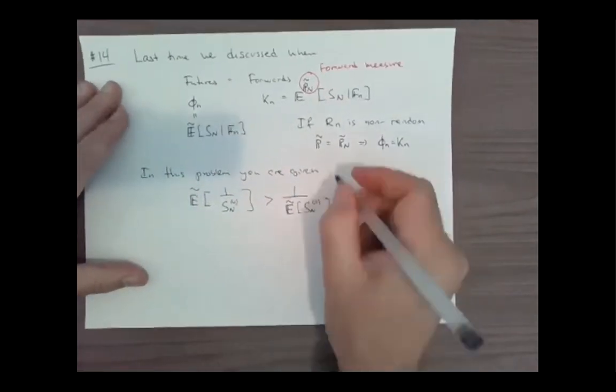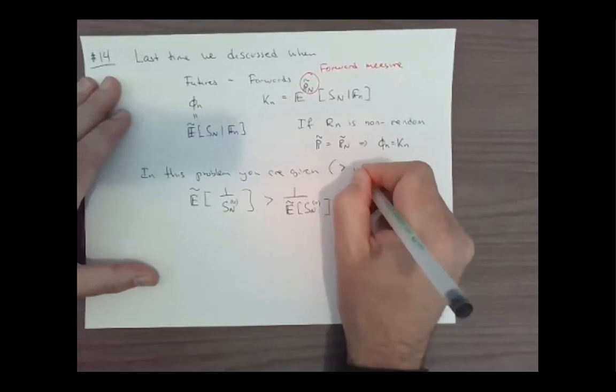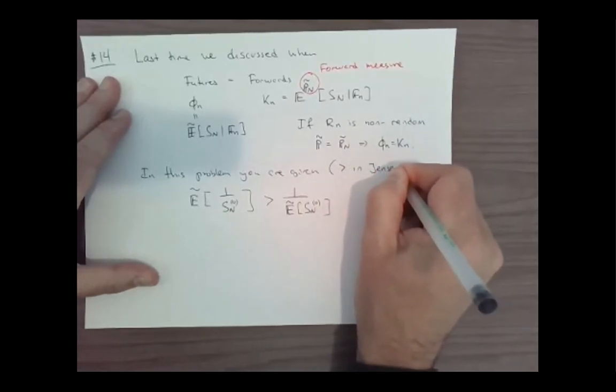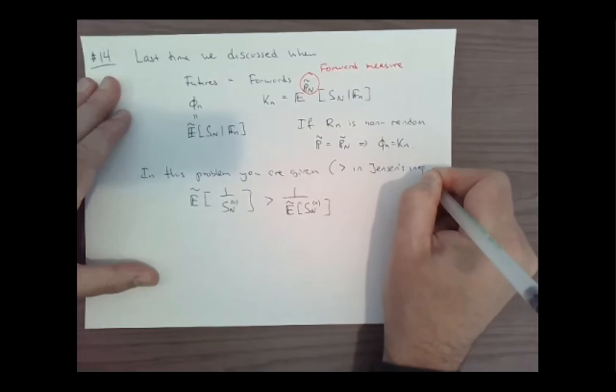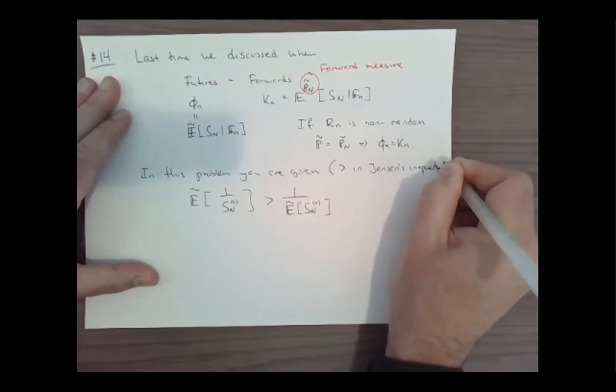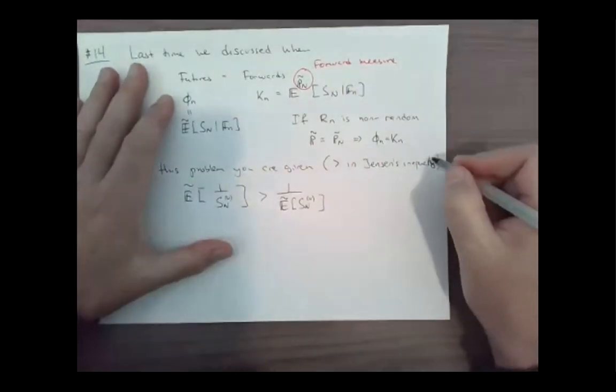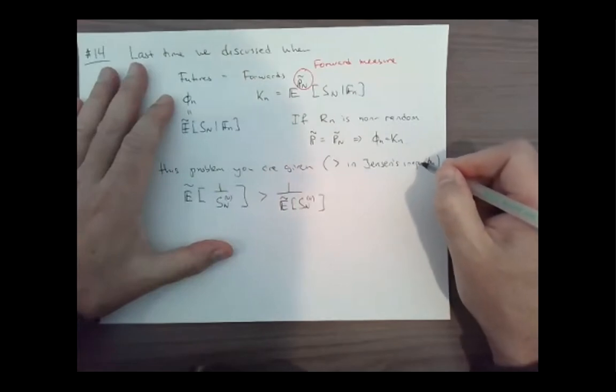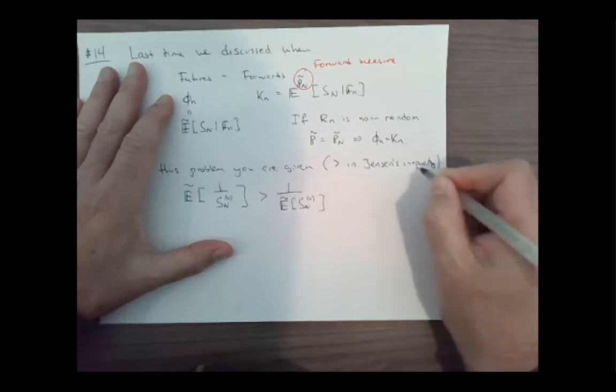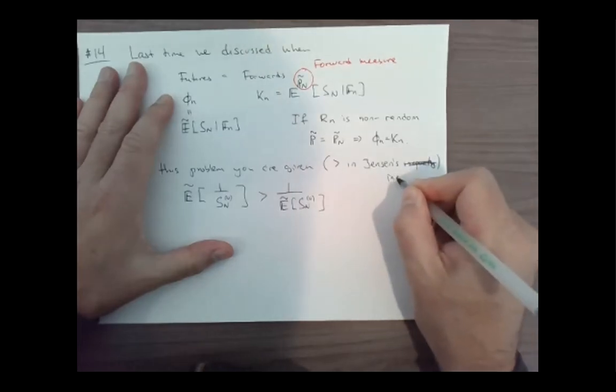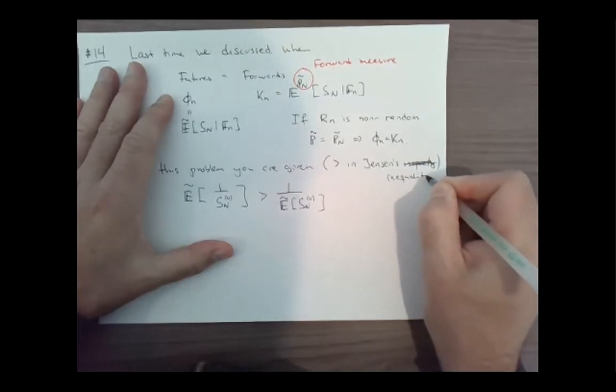So this is strict inequality in Jensen. Inequality. I can't spell inequality. There you go.